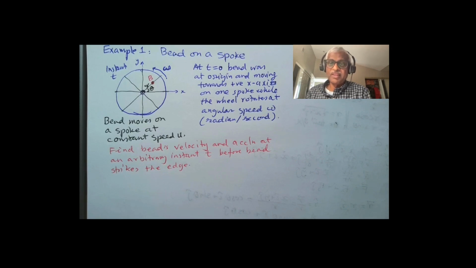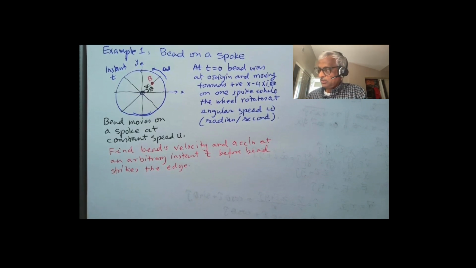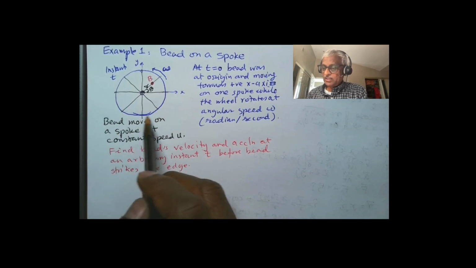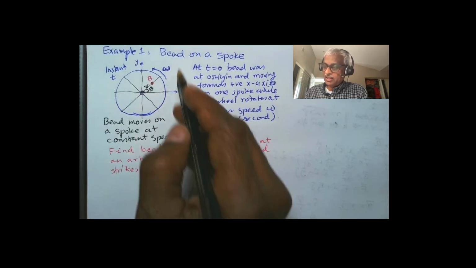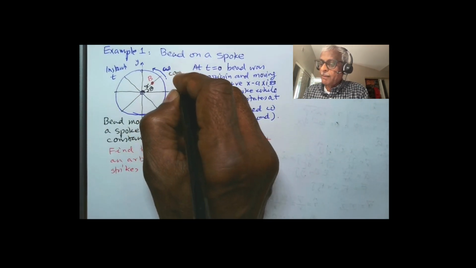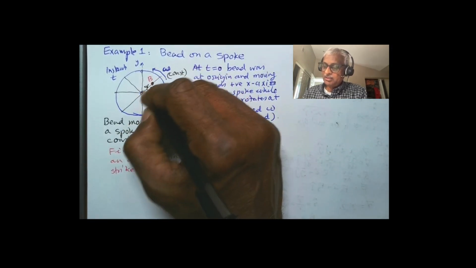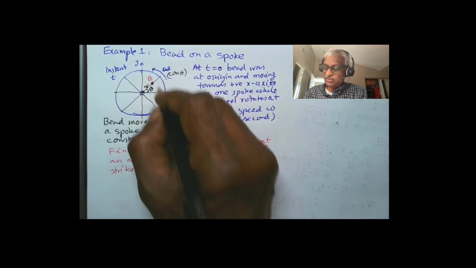Okay, so here is an interesting problem. This comes from Kleppner and Kolenkow. Here's a wheel which rotates at constant angular velocity, and there's a bead that moves on the spoke as the wheel is rotating.